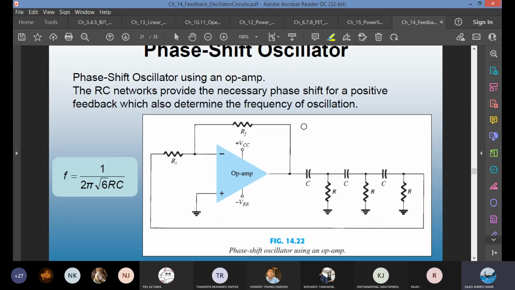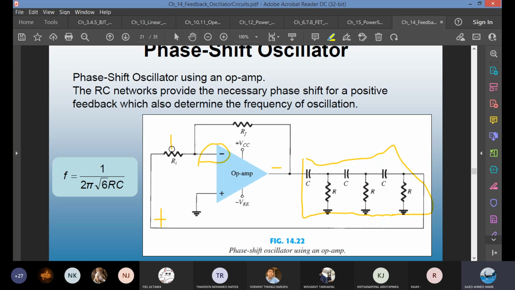This is another practical example using an op-amp. You know the input is given at inverting pin. So whatever is coming out is phase shifted 180 degree, and then it is passing through what? Another 180, so you're gonna get plus.